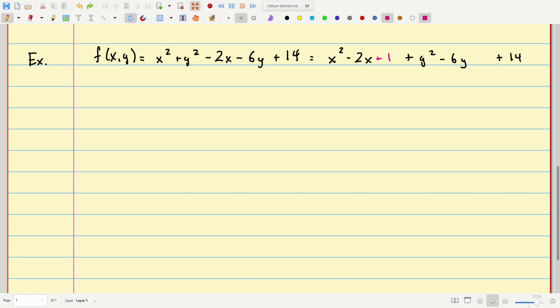And then here, we want this to say plus 9. That would be negative 3 squared. Okay, in order to do that, I have to take 10 away from this to move those other values around.